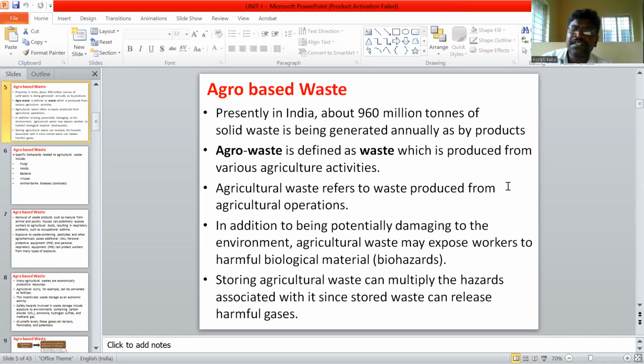This agriculture waste refers to the waste produced from agriculture operations and activities.